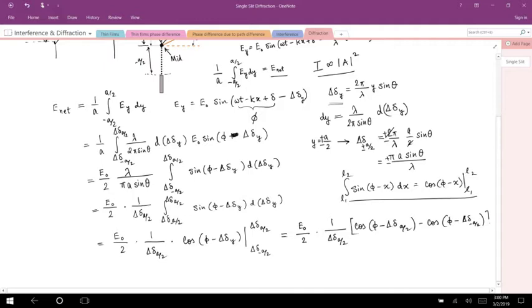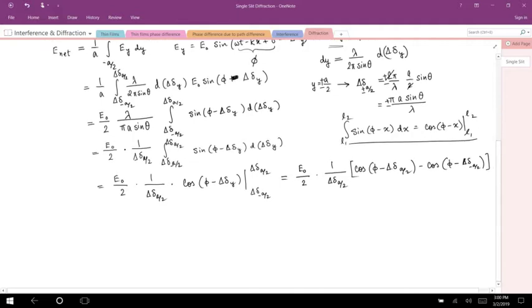Okay, so let's now use a trig relationship. We know that cosine of A minus cosine of B is equal to negative 2 times sine of (A plus B) over 2 multiplied by sine of (A minus B) over 2, right?